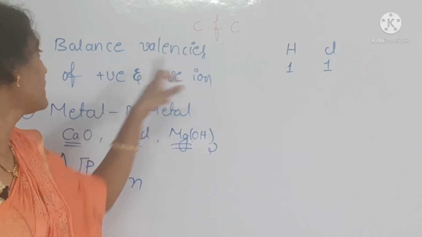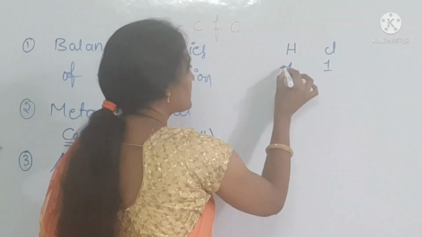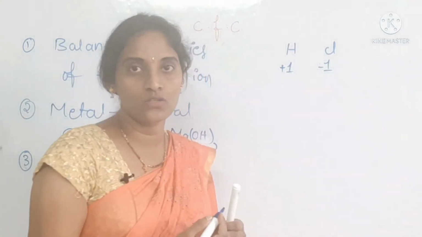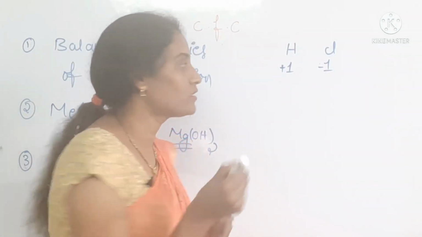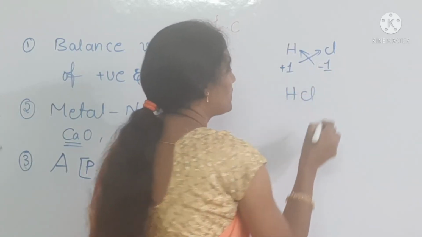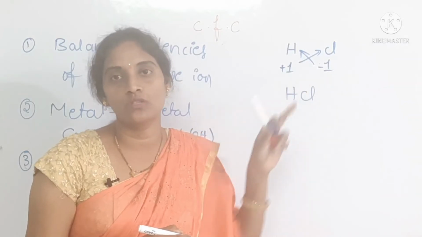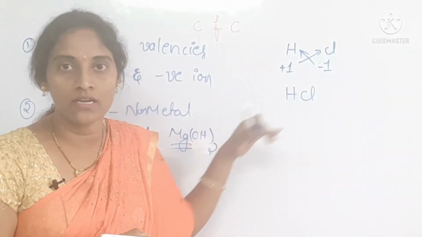Balance the valencies of positive and negative ions. See, hydrogen shows plus valency and chlorine shows negative valency. So to balance these valencies, we have to cross multiply, H and Cl. See here, this one is 1 and that one is 1, so you no need to write H1 and Cl1. Directly you can write HCl.